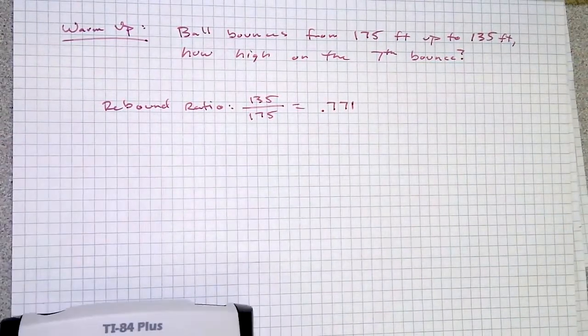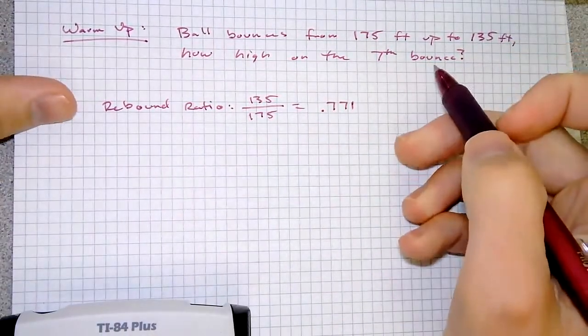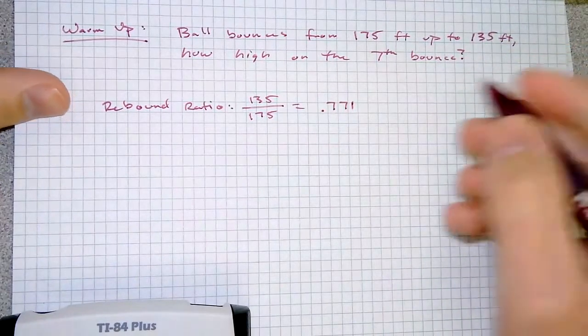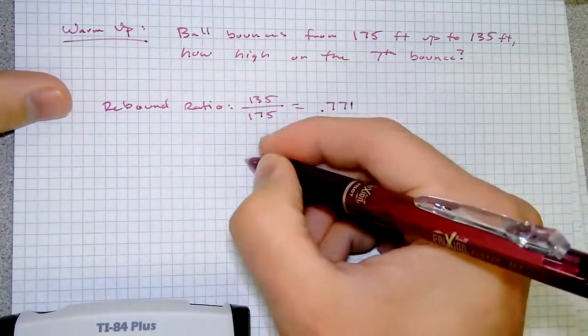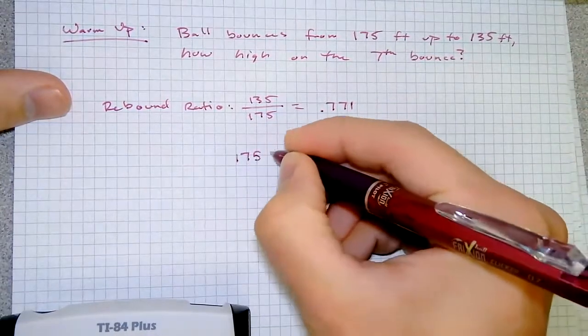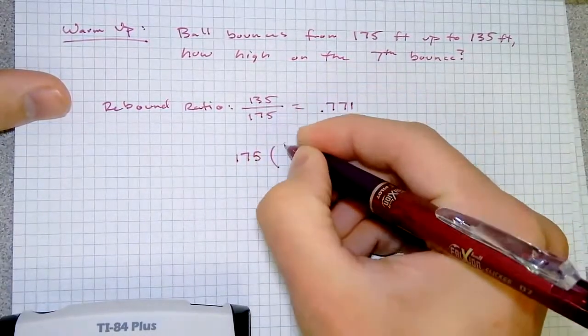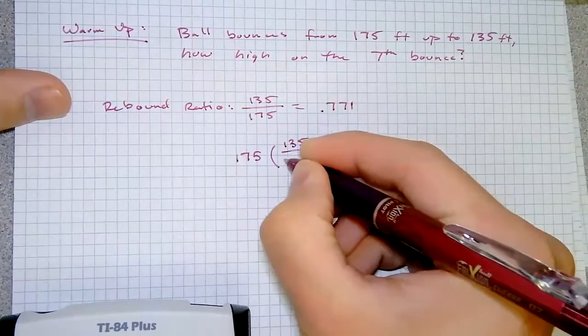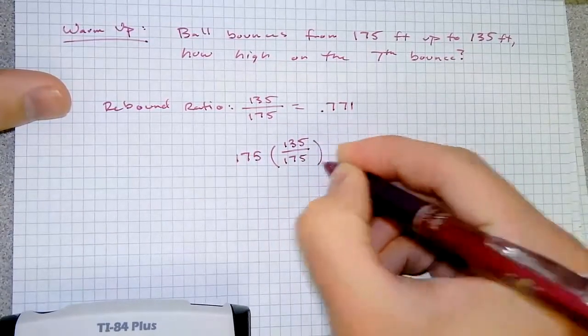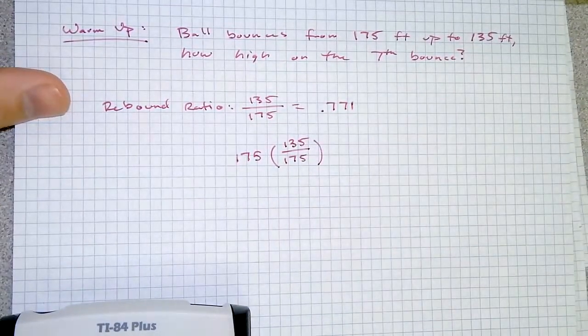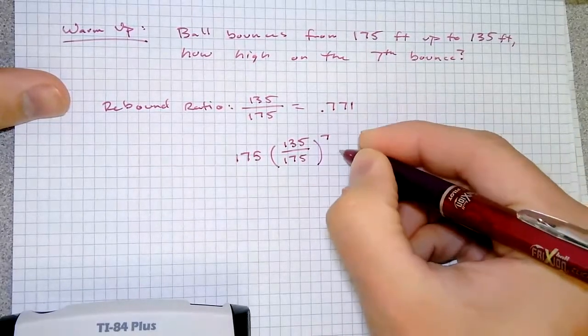So when we want to find out how high it bounces on the 7th bounce, we can say our starting height is 175. We could just plug this straight in so we don't have to worry about rounding if we want. And then raise it to the 7th bounce.